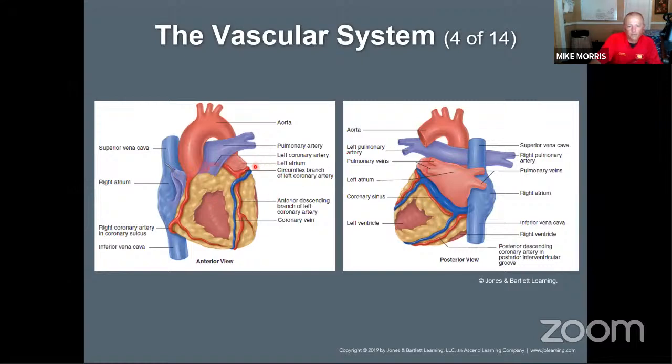And here's a representation. This is the circumflex artery that goes to the posterior side, to the back side of the heart muscle. Anterior descending branch of the left coronary artery. See how it comes down and really feeds that left ventricle. Here's your right coronary artery.